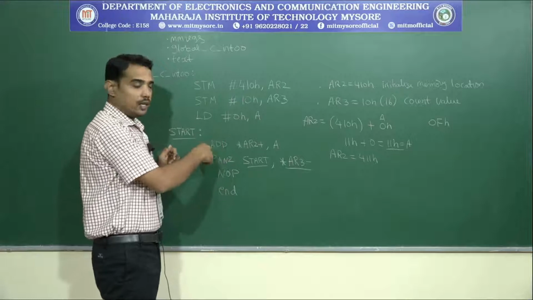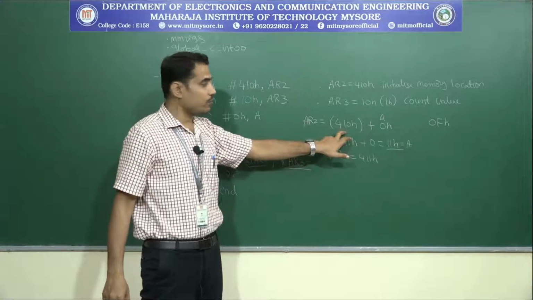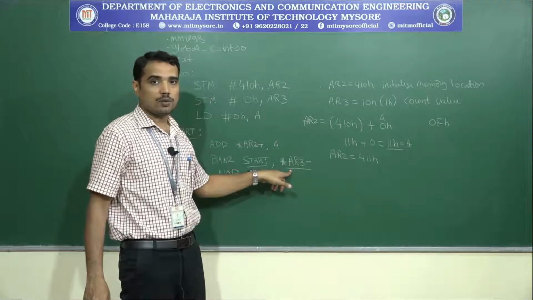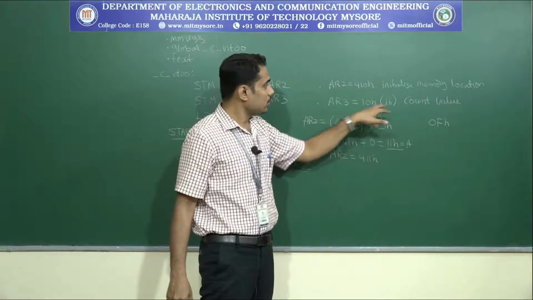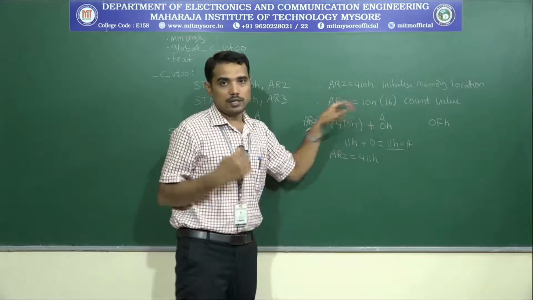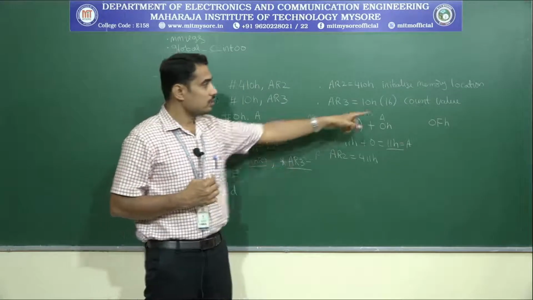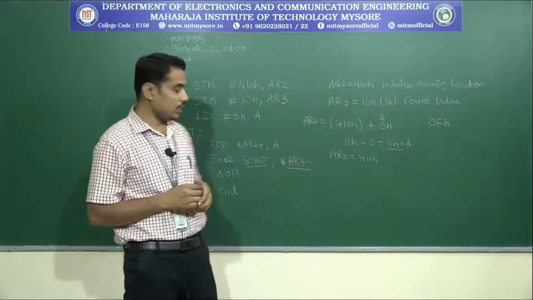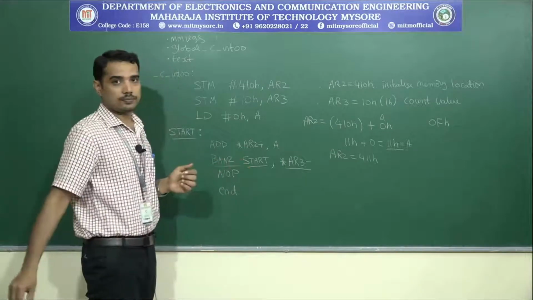Like that, every time it adds and increments the value from 411 to 412 and so on. Simultaneously, the count value which was initialized to 10H will be decrementing stepwise. Once the value stored in AR3 becomes equal to 0, this condition is not met.